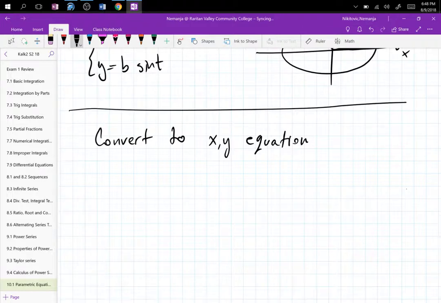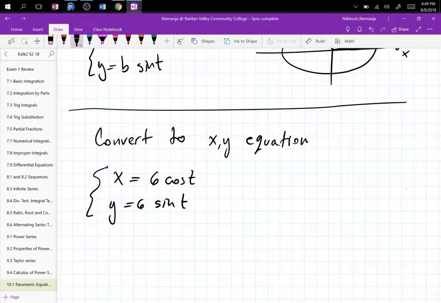And I am given a set of parametric equations. x equals, let's go with 6 cosine t, and y is 6 sine t.